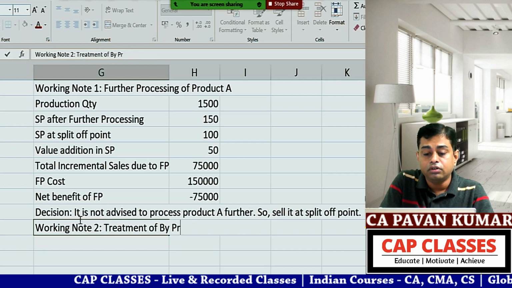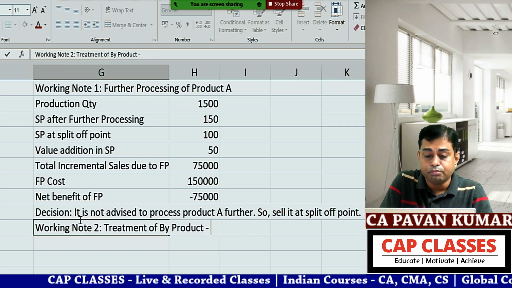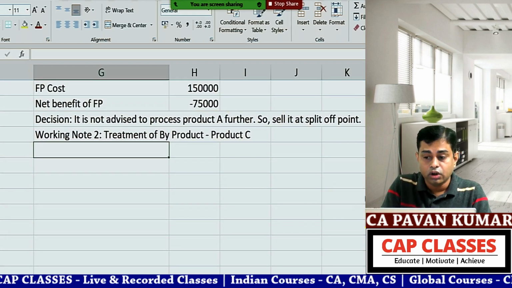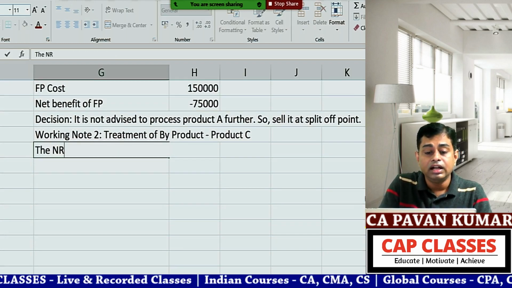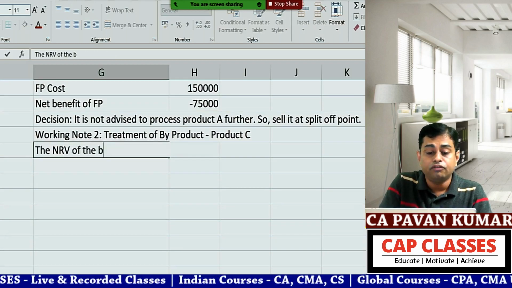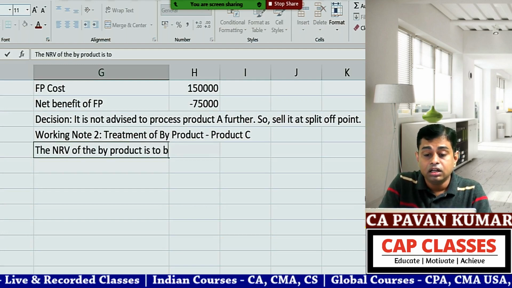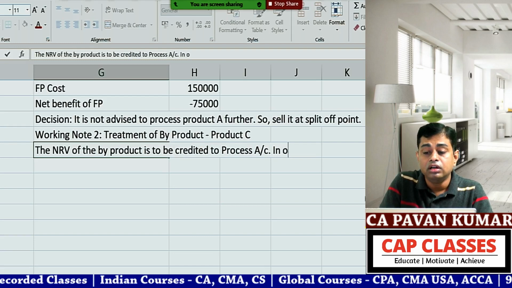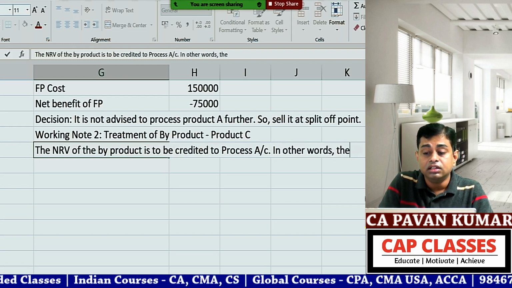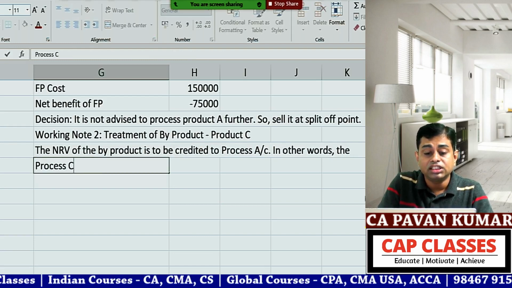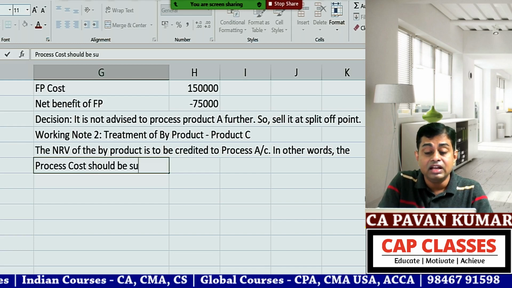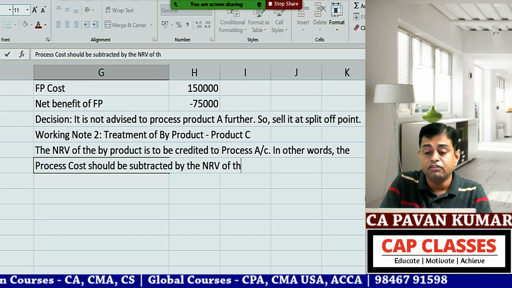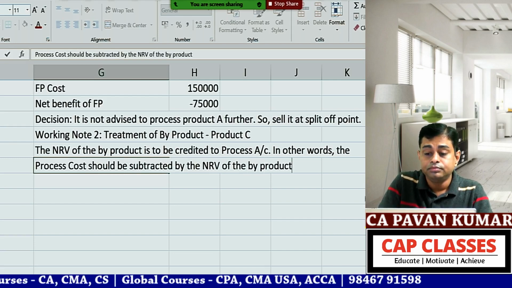Treatment of byproduct, that is product C. The net realizable value of the byproduct is to be credited to the process account. In other words, the process cost should be reduced by the net realizable value of the byproduct.